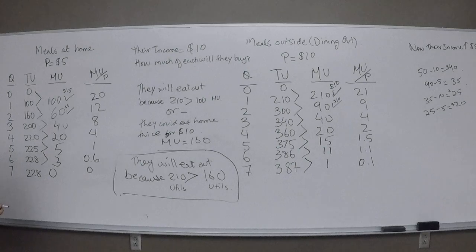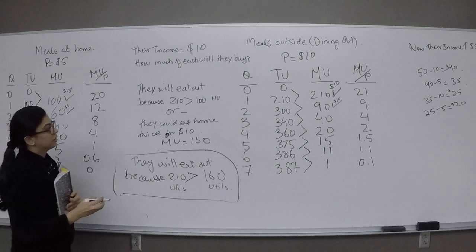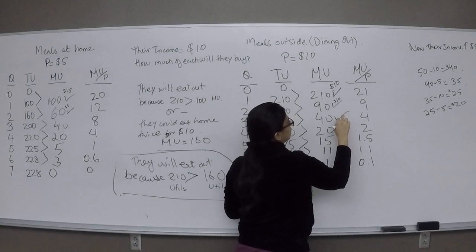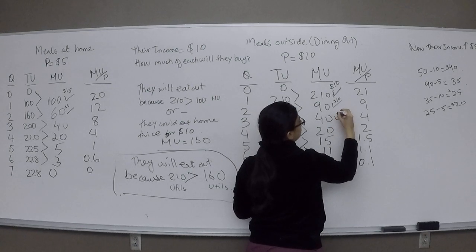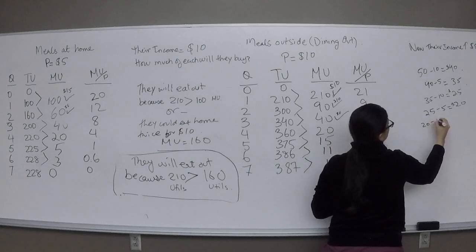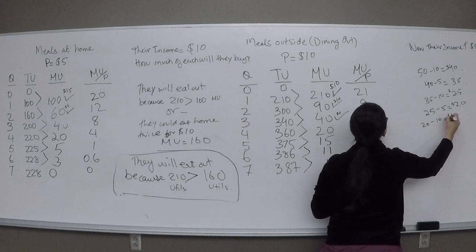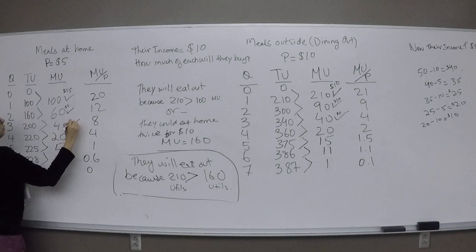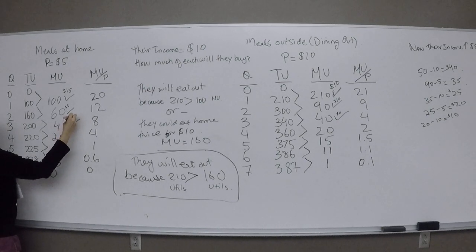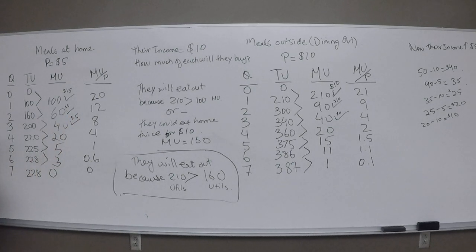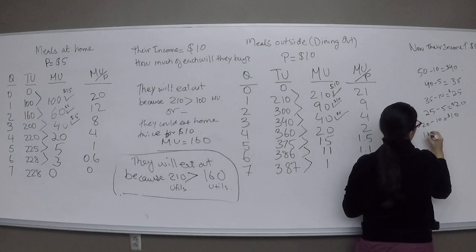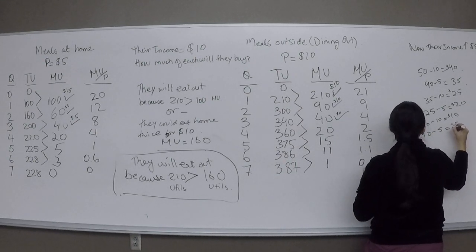With $20 left, you're going to consume one meal outside for $10. You have $10 still left, so you're going to consume one meal at home, which was $5. 10 minus 5, you still have $5 left.